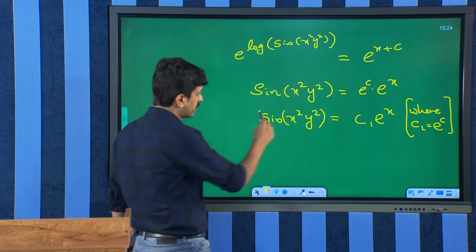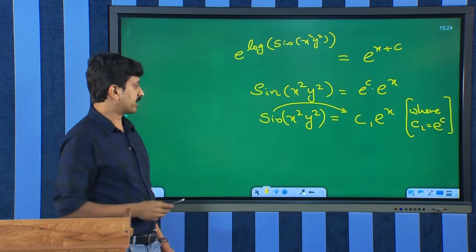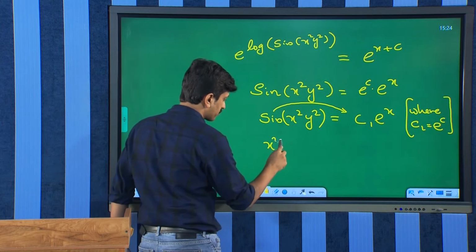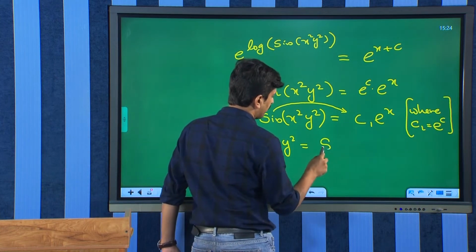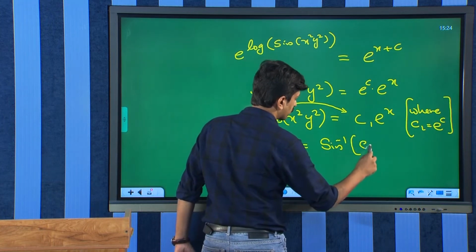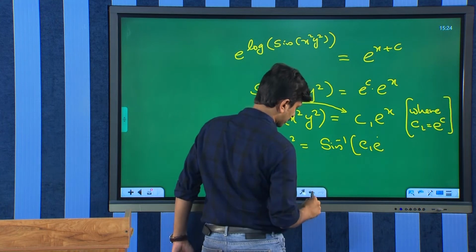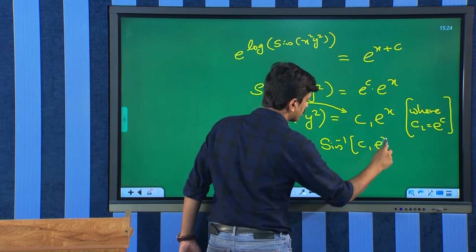I would like to take this sine to the opposite side, therefore it becomes sine inverse. So, x square y square is equal to sine inverse of c1 e raised to x.